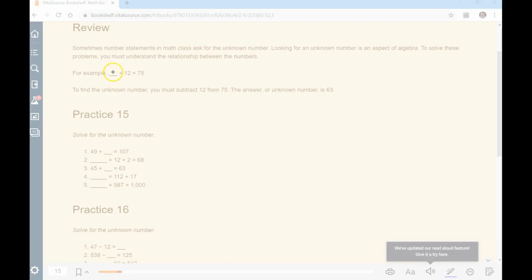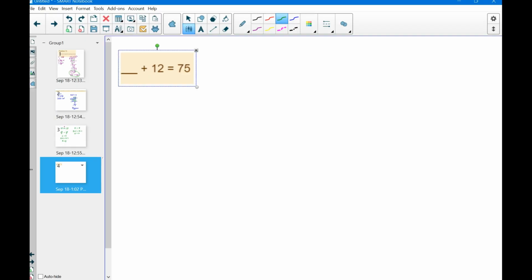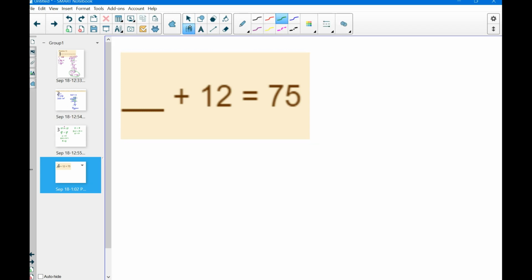And here's the example that they use. Oh no, there's a blank space right here.